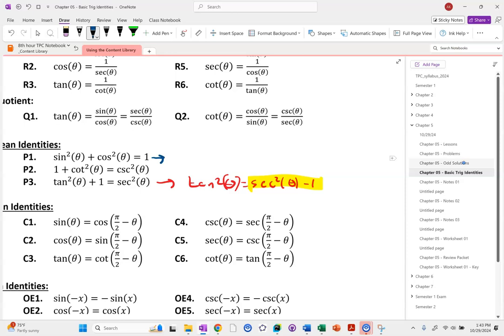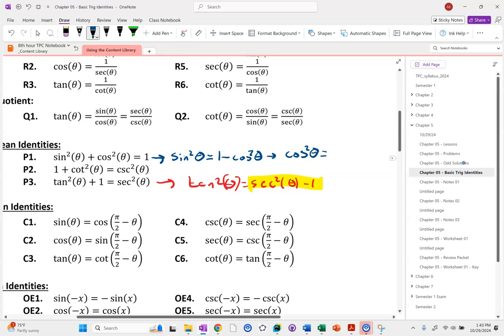So if I subtract cosine squared from both sides of P1, I could rewrite P1 as that, right? Or if instead I had subtracted sine squared from the start of P1, I could rewrite P1 like this, right? You see what I'm doing?